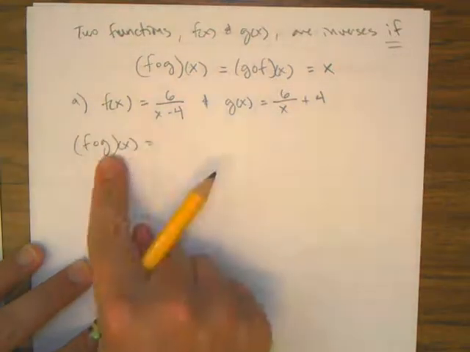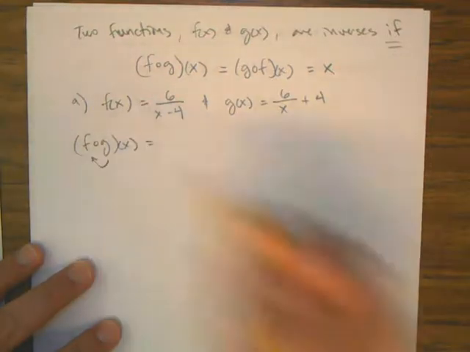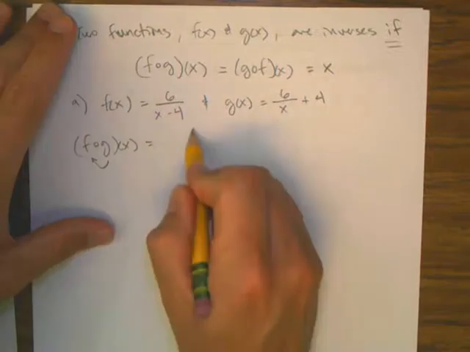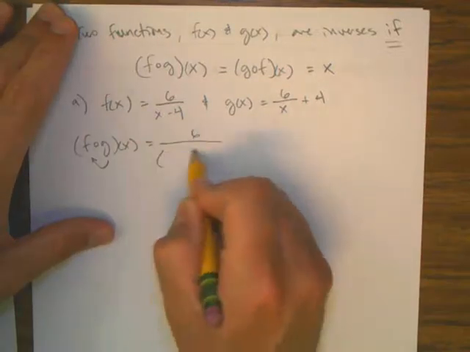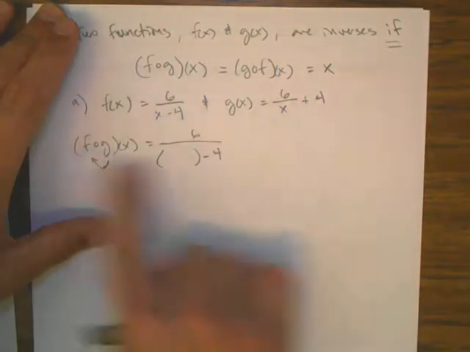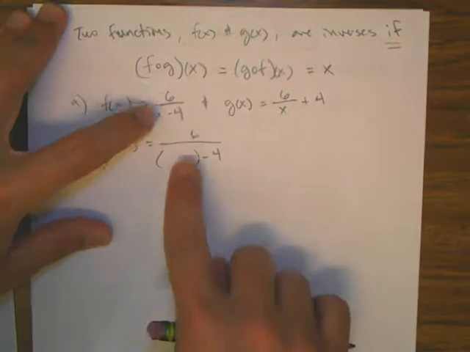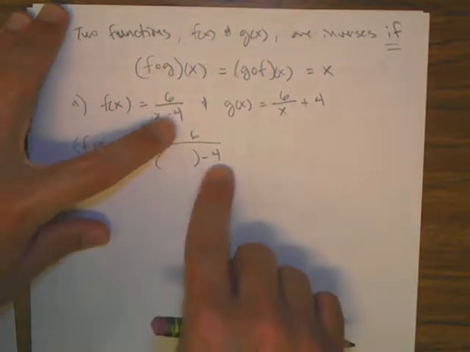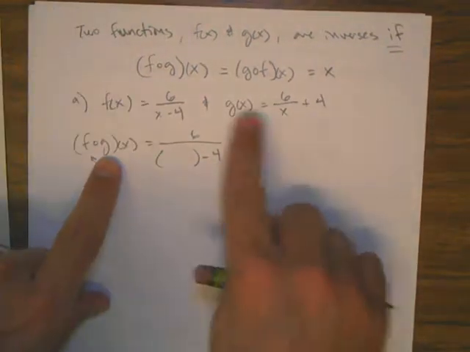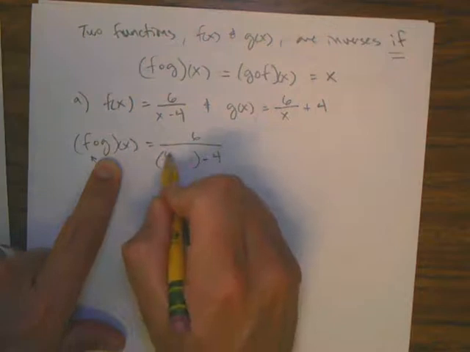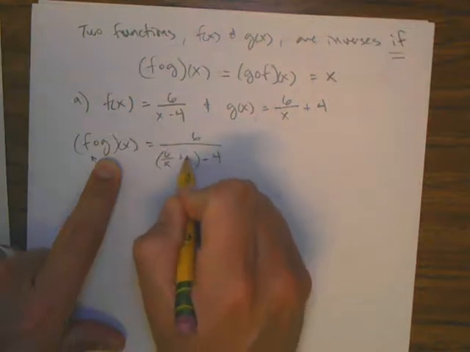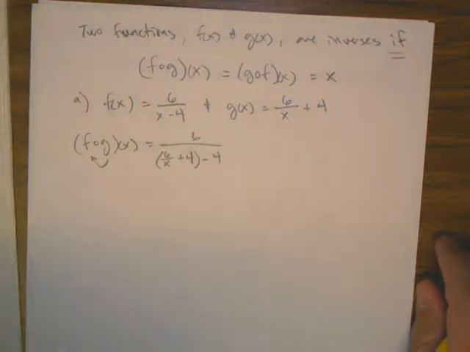So here's f. F is on the outside, 6 over blank minus 4. And what am I plugging in? G, 6 over x plus 4. It looks complicated, but if these things are inverses, they simplify much easier than you would think.